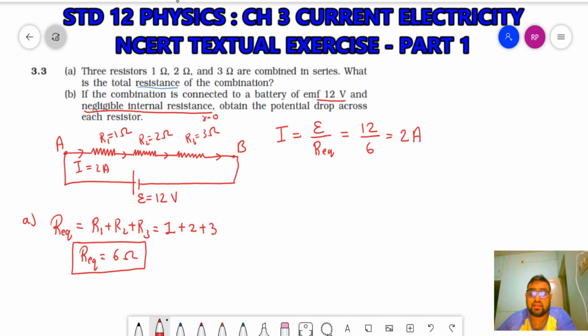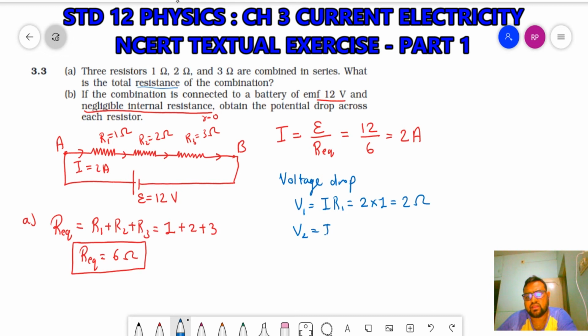Now we know that in series connection, current flowing through each resistor will be the same. So here I1 equals I2 equals I3 equals I, and that is equal to 2 ampere. Now the voltage drop across the first resistor: V1 will be equal to IR1, that is 2 into 1, that is equal to 2.